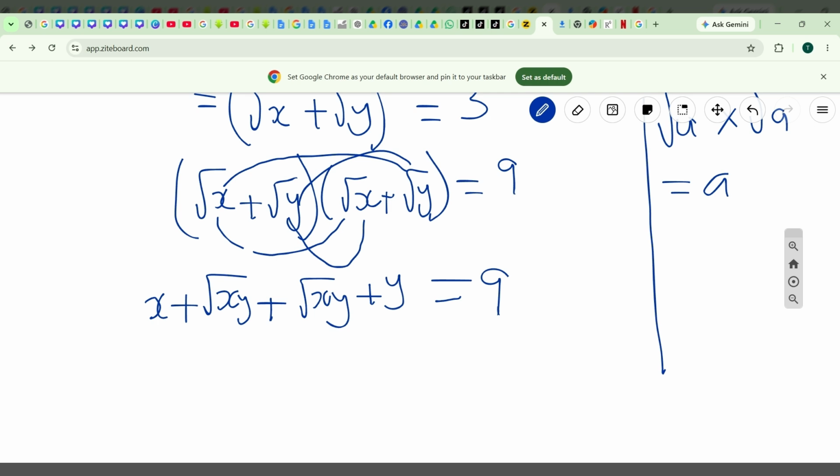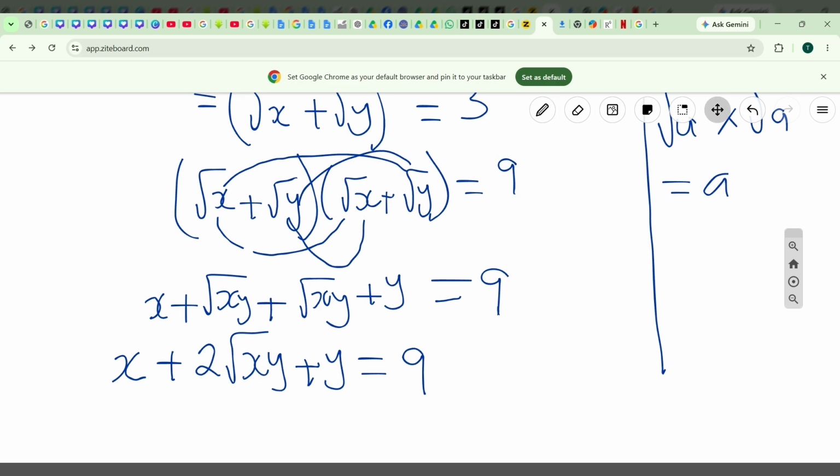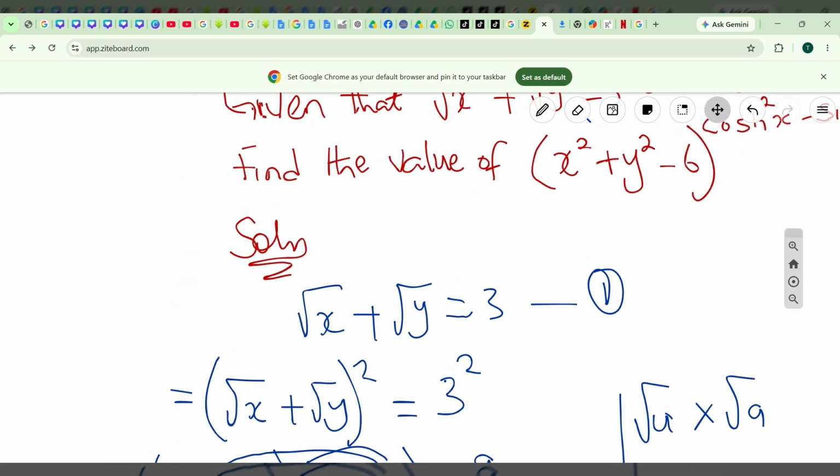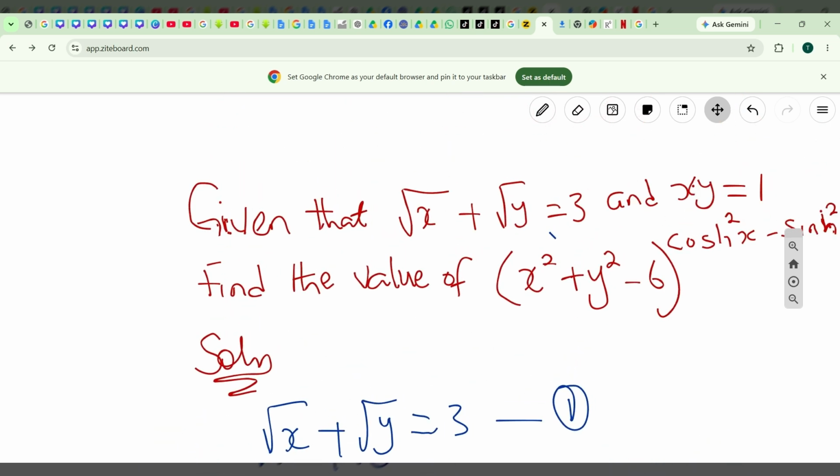Okay, so we just have to simplify this further. This is x plus 2 root xy plus y is equal to 9, because root xy plus root xy is 2 root xy. Now recall from the question, xy is equal to 1.